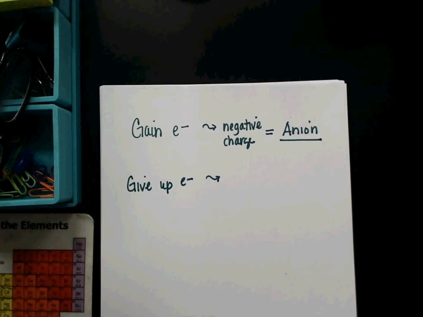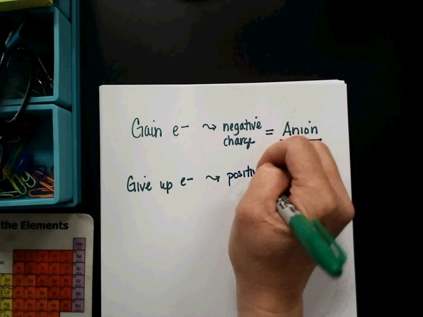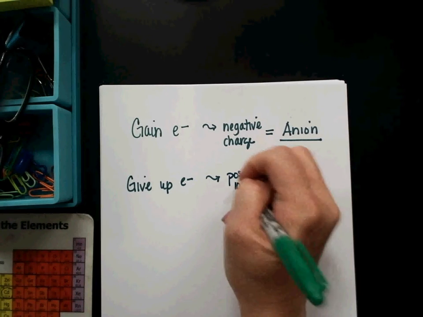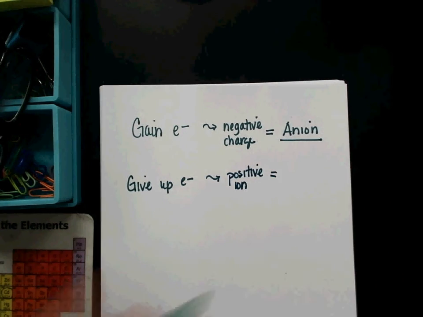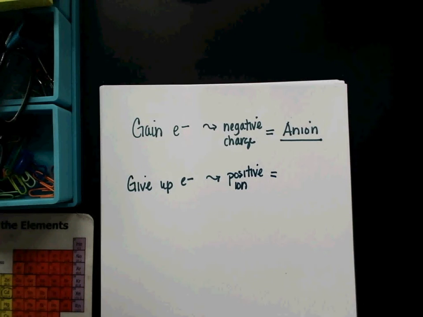Do I now have more protons than I do electrons? Yeah, so what would that make my charge? Positive. So this creates a positive ion. Negative ion, anion. Positive ion doesn't have a lovely name like that.